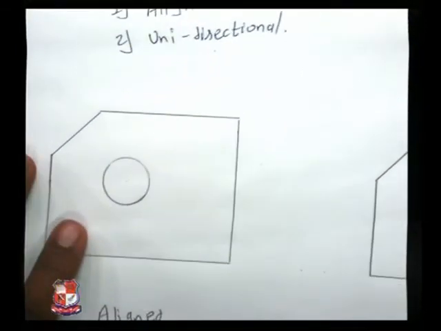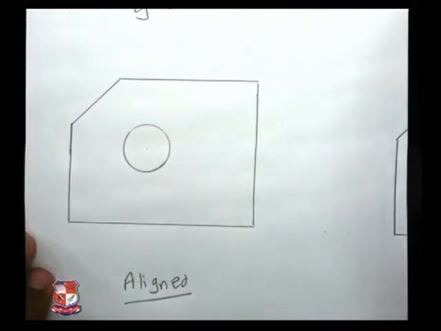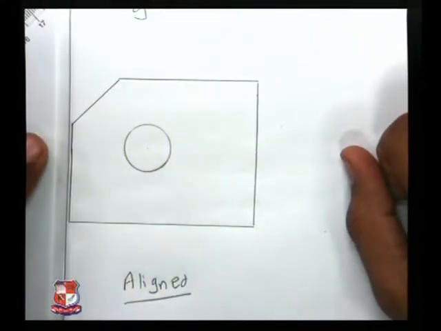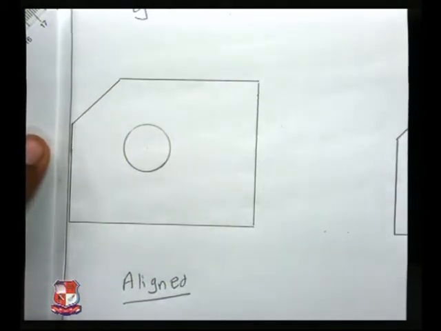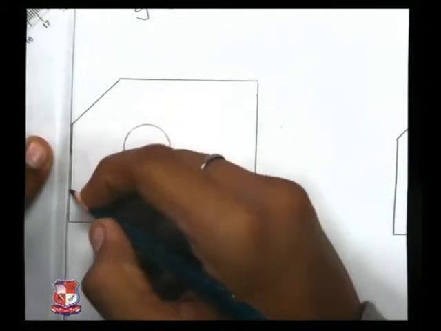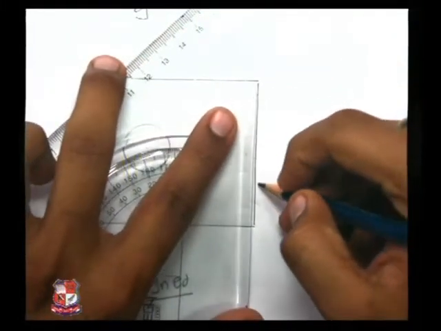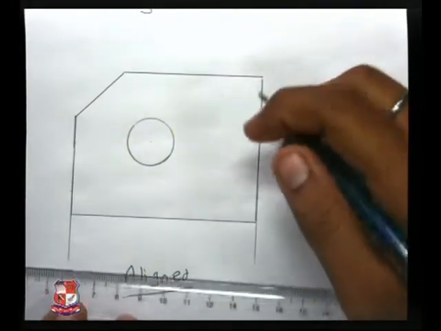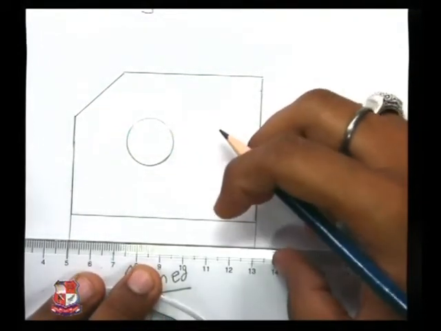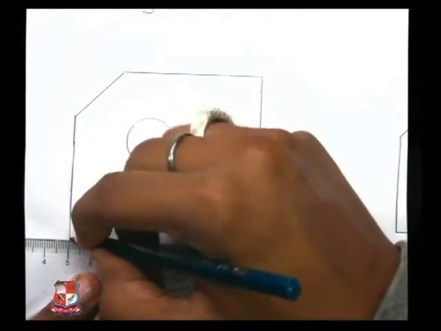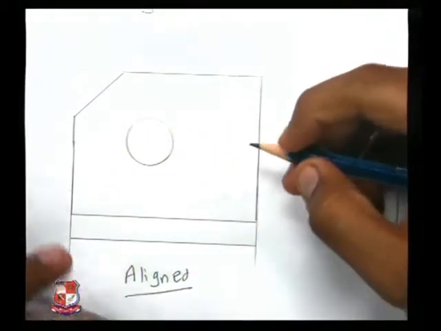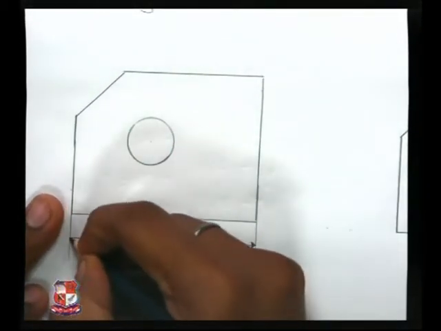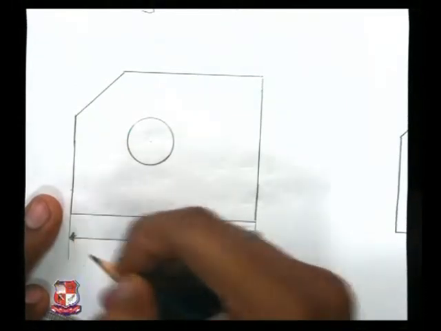Now we will see about this align method. First of all, let's give a horizontal dimension between two vertical lines. When this horizontal dimension comes between two vertical lines, I have taken the extension lines. I am drawing now the dimension line, closed filled arrows on both the sides.